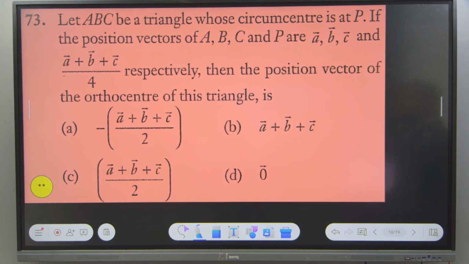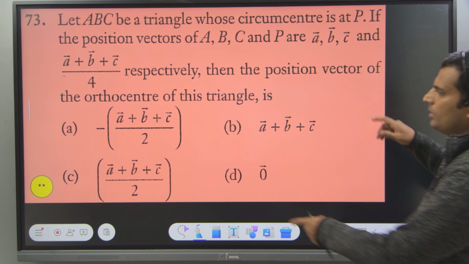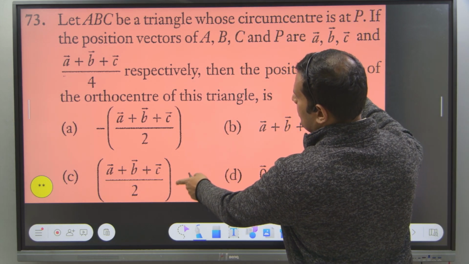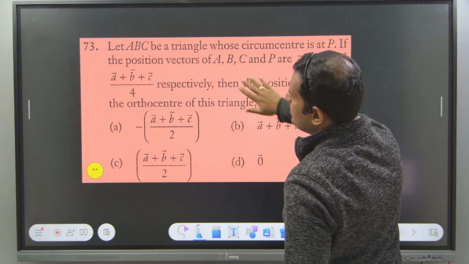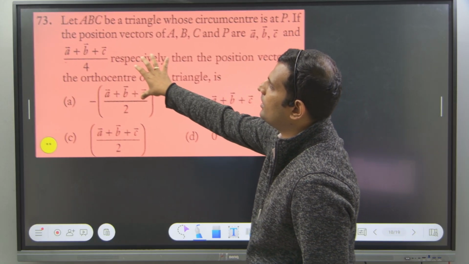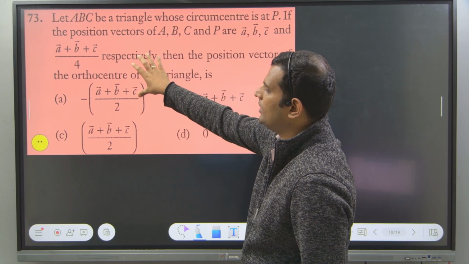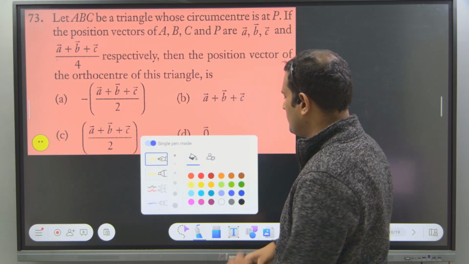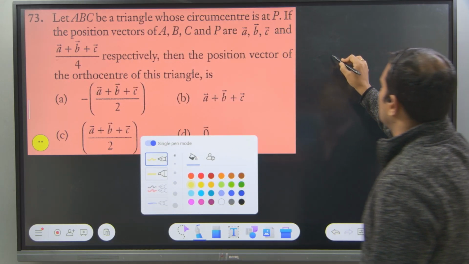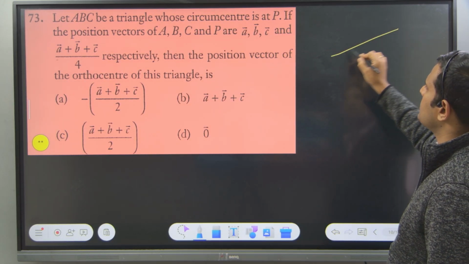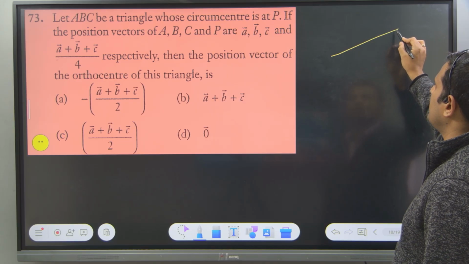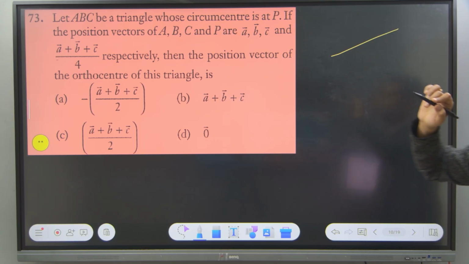I think you can answer this also because I have already told you how the orthocenter, circumcenter and centroid all lie. Can anyone remember and tell me? Orthocenter is generally given by which alphabet?